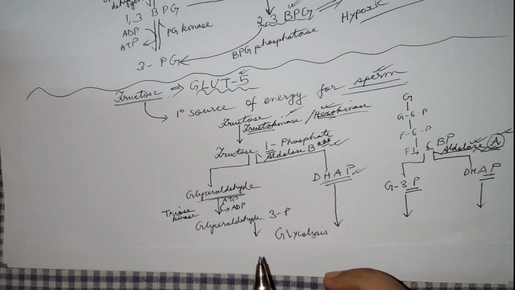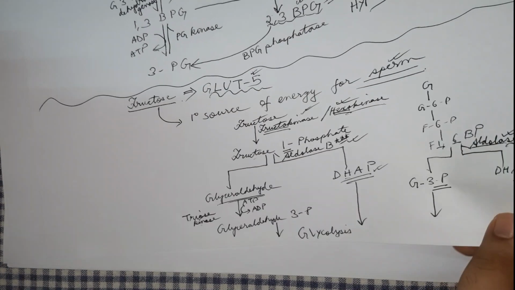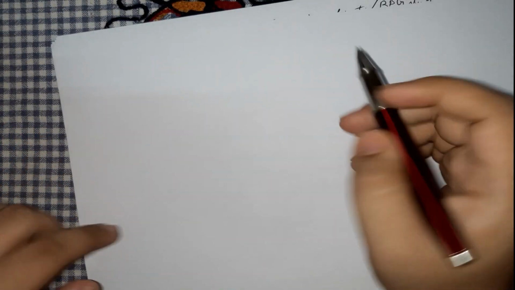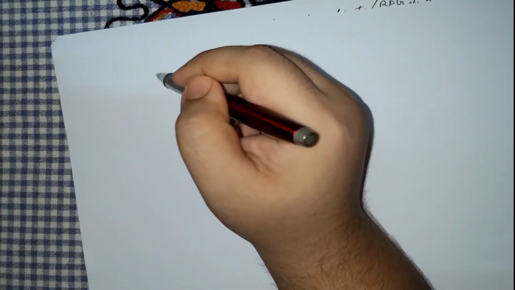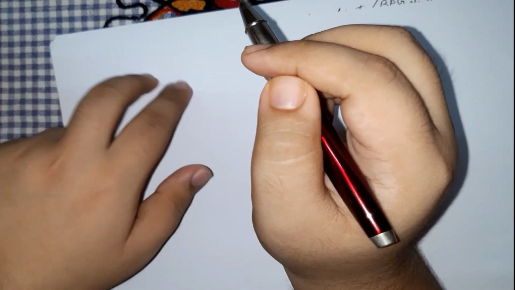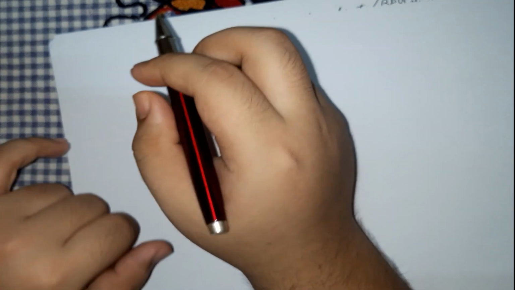Okay. Now let's talk a little bit more about this and how the clinical relevance lies with these steps. So here is the thing. I said a thing about fructokinase and hexokinase. There is a difference between them.